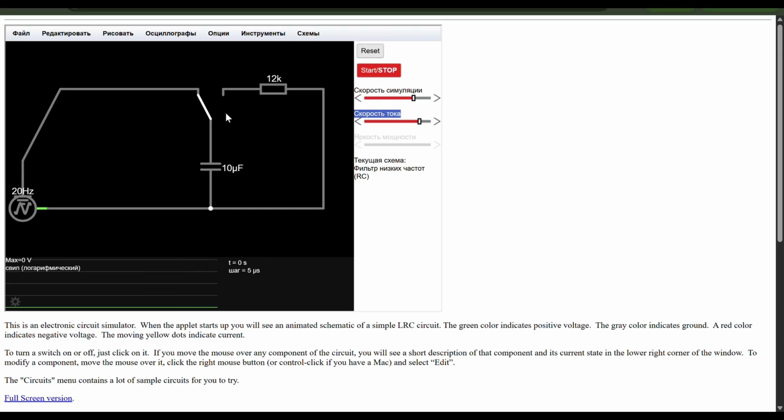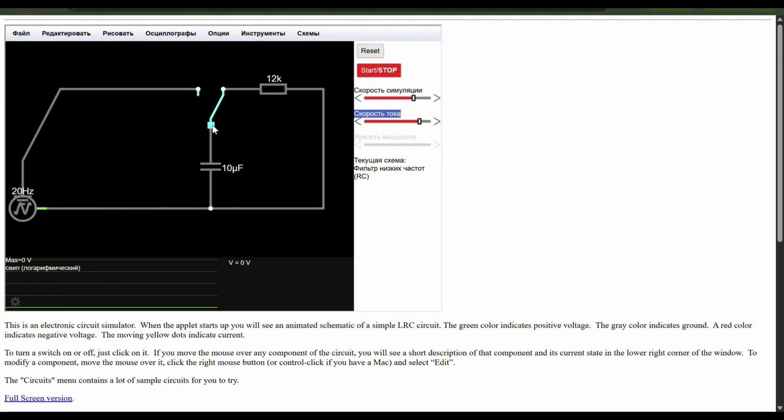There is a switch. First we need to charge our capacitor, because a capacitor stores charges. After storing charges, we can switch it to the resistor. When it's switched to the resistor, it's not connected to the source.